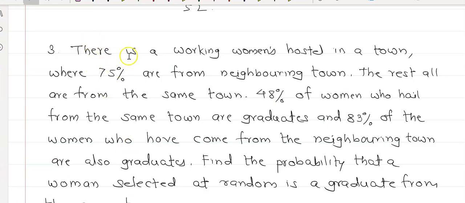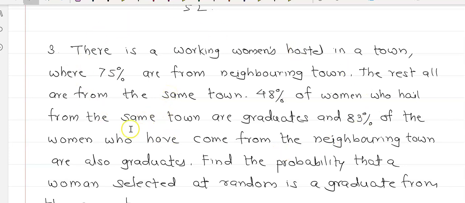The same formula is applied here for problem number 2 and problem number 3. There are working women in the hostel in a town. 75% are from the neighboring town. It's clear that from the same town it is 25%.